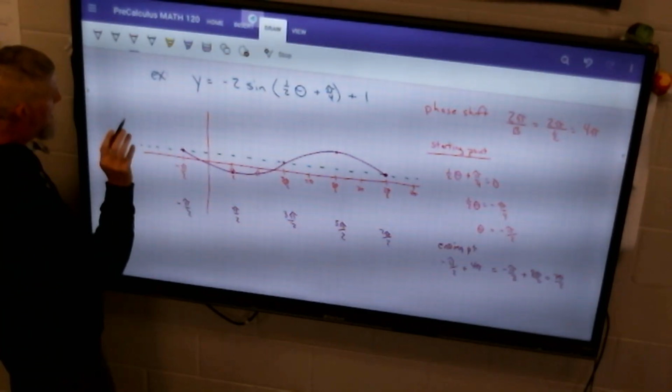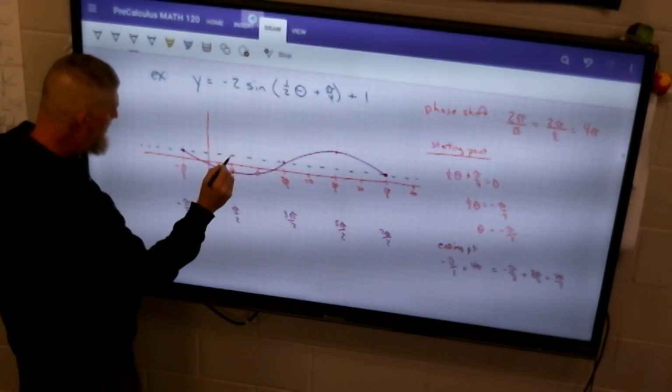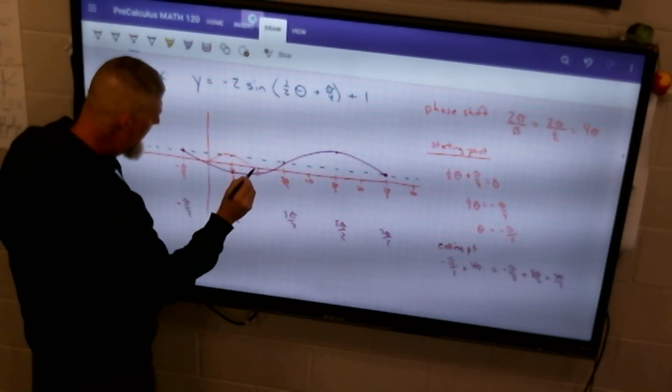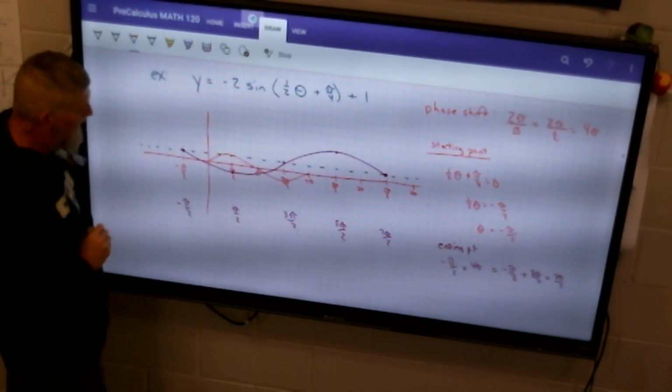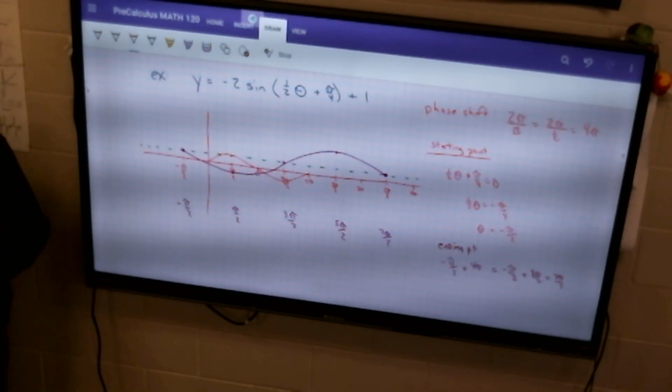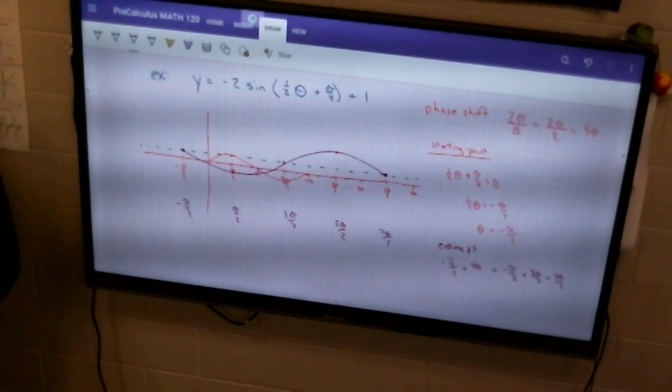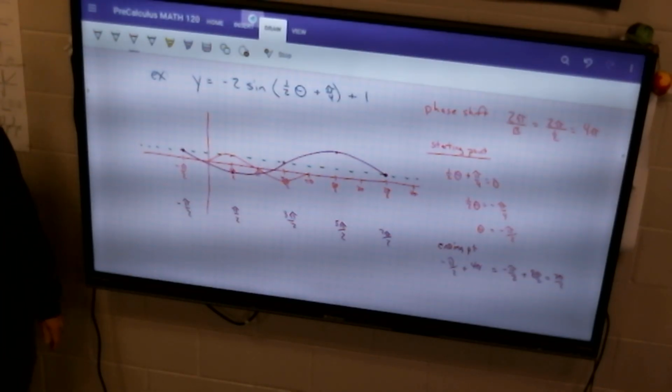And just for clarity, remember what my parent function looks like. My parent function looks like something like that. So we have definitely stretched it, we've shifted it, and we've moved a whole bunch of stuff to it.